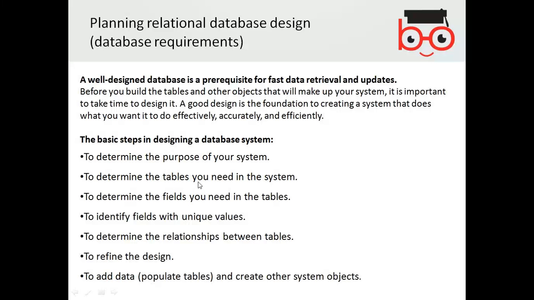Determine the tables you need in the system; you should have particular tables very precisely defined. Determine the fields you need in tables. Identify tables with unique values. Determine the relationship between tables. Refine the design, add data, and create other system objects. So whatever you have to do, you need to keep these things in front of you in advance.